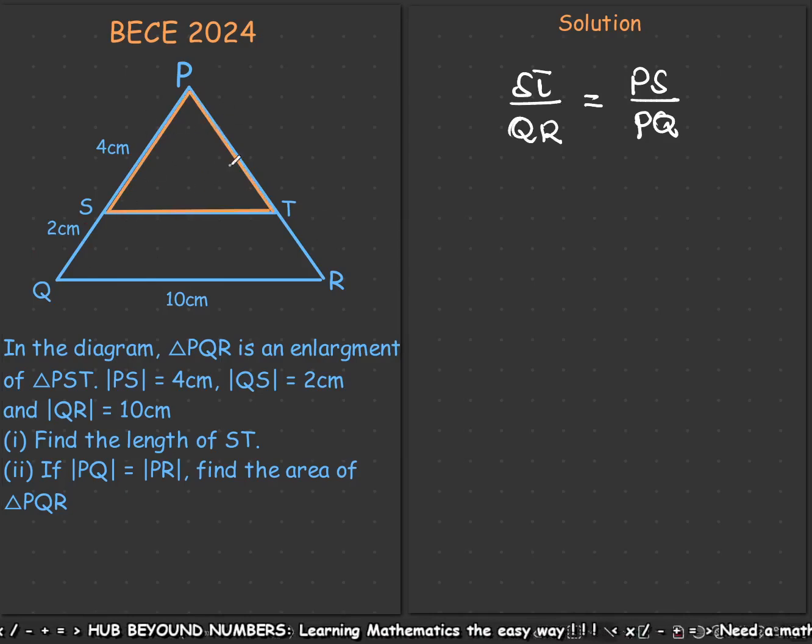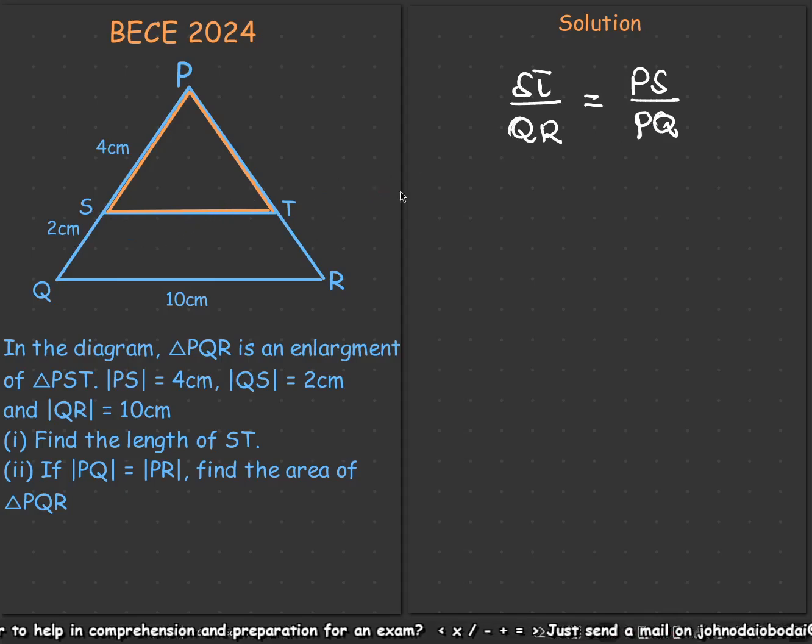So we have the gold one, which is the smaller triangle, and the bigger one in blue. We are saying ST, the base of the small triangle, over that of the bigger one. Its ratio will be equal to this side of the small triangle, PS, over the big one.